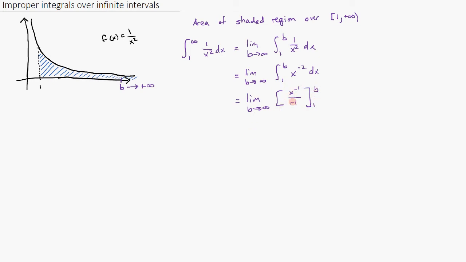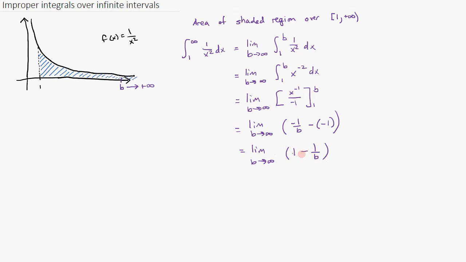Now I plug in b and 1, with the limit as b goes to infinity. Plugging in b first, I get minus 1 over b, and then plugging in 1, I get minus 1. So this expression is 1 minus 1 over b.